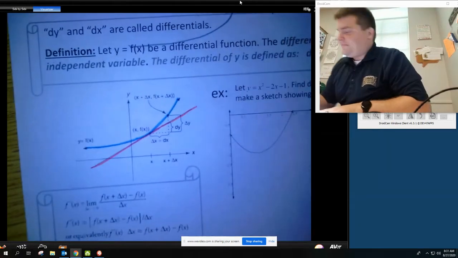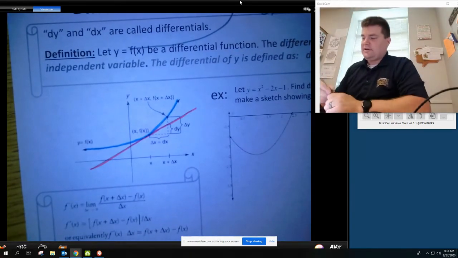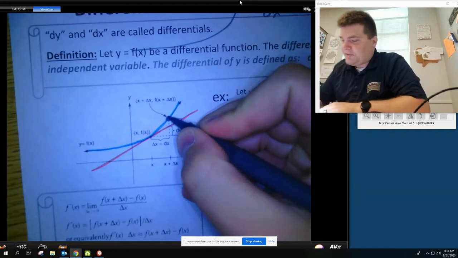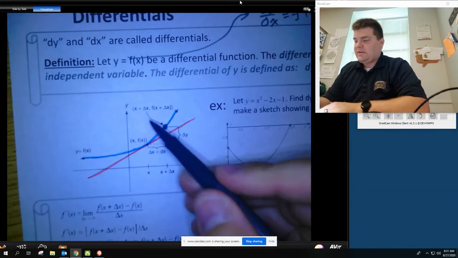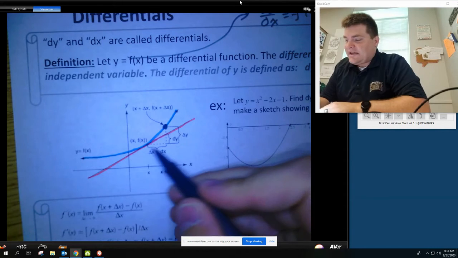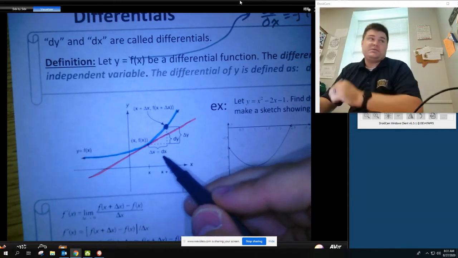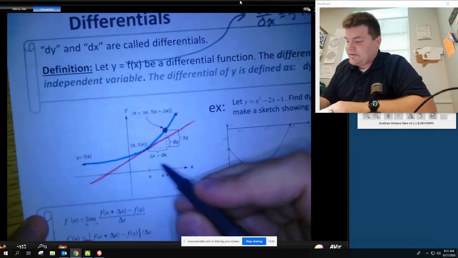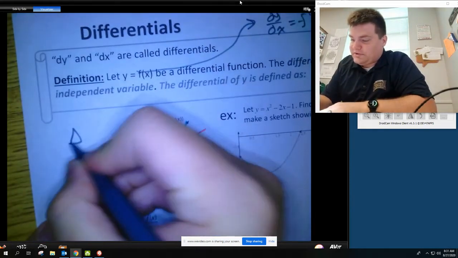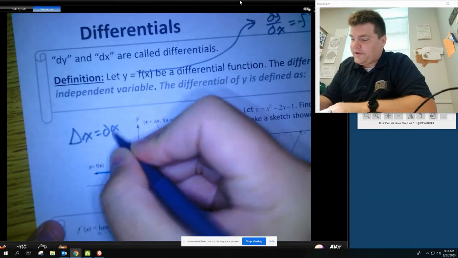So if you're just picking some random point on the curve over here, the x distance, the horizontal distance, is going to be delta x, which is also dx. So delta x and dx are the same. That's super important to know. So delta x and dx are always the same.